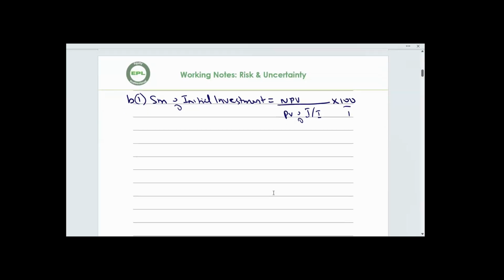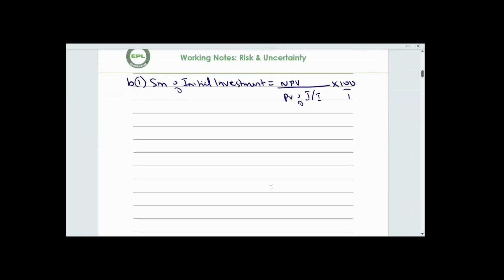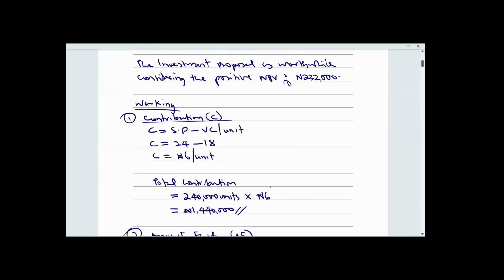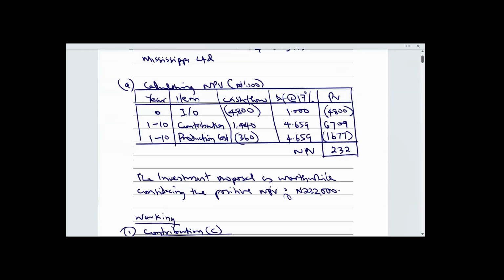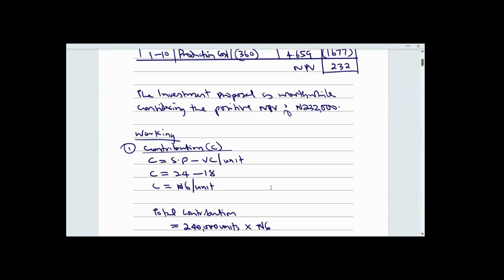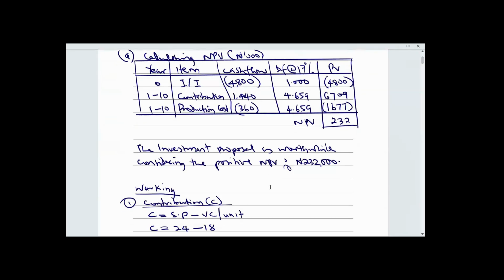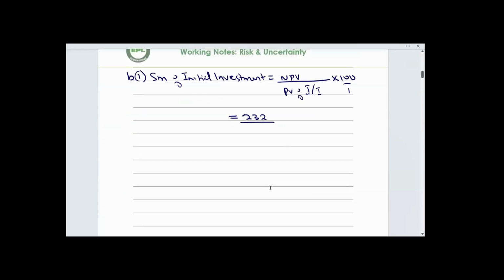Whatever you have calculated as your sensitivity margin must be expressed in percentage. Therefore, our NPV is 232,000, figures are in thousands, divided by the present value of initial investment. Initial investments, we calculated 4,800,000. That's your initial investments. Okay, 4,800.